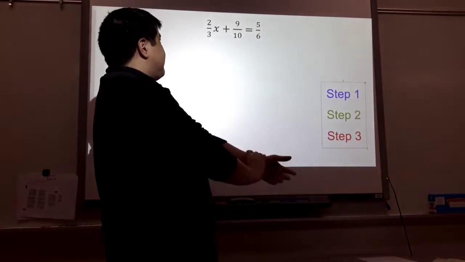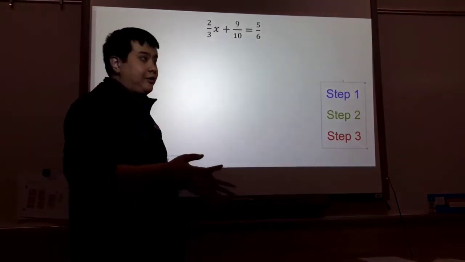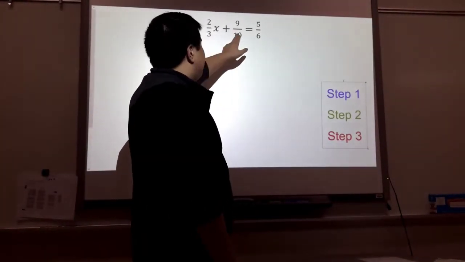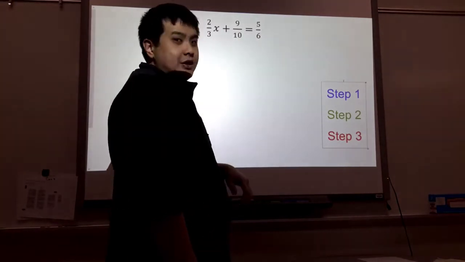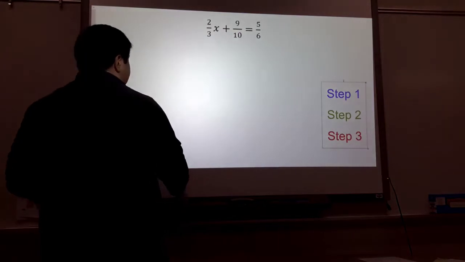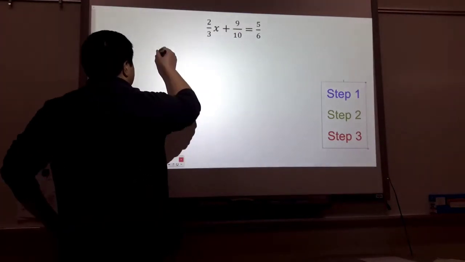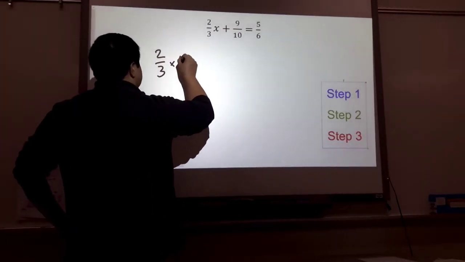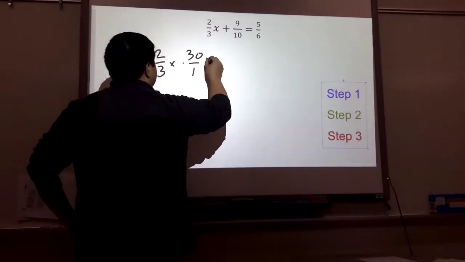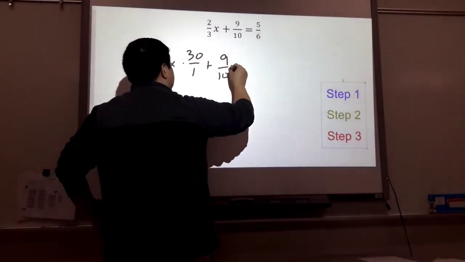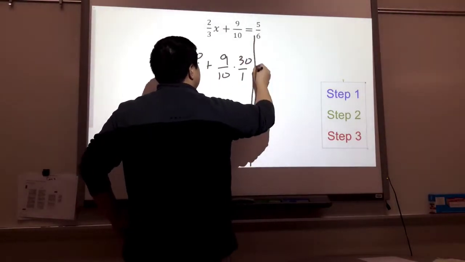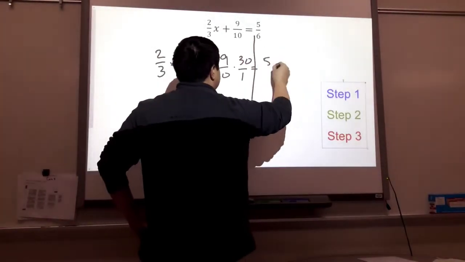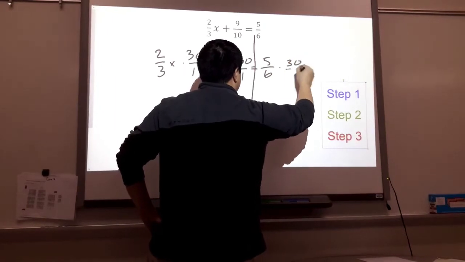Here we're going to do something a little bit different. We're going to do the clearing out of the fractions. So we're going to take the least common multiple of the 3 denominators, which in this case is 30. We're going to multiply each one of those fractions by 30. So we get 2/3 x times 30 over 1 plus 9/10 times 30 over 1, equals 5/6 times 30 over 1.